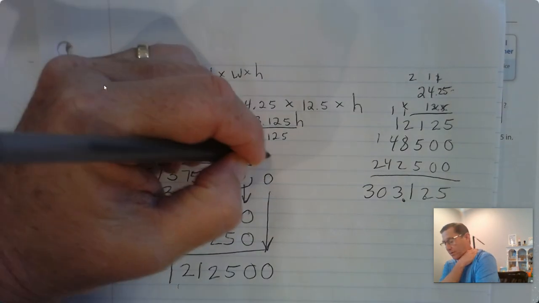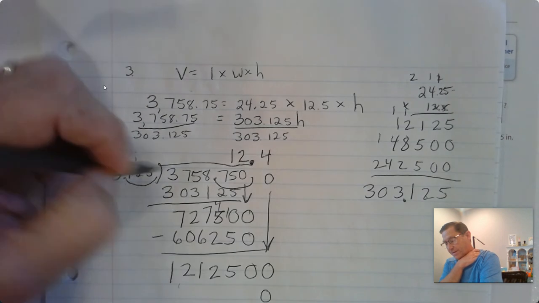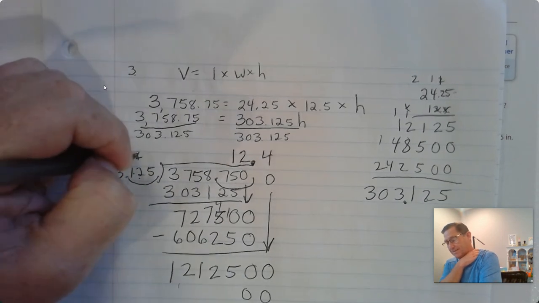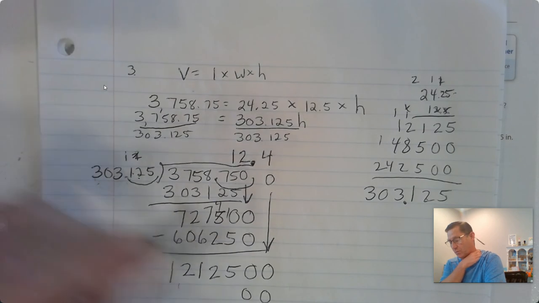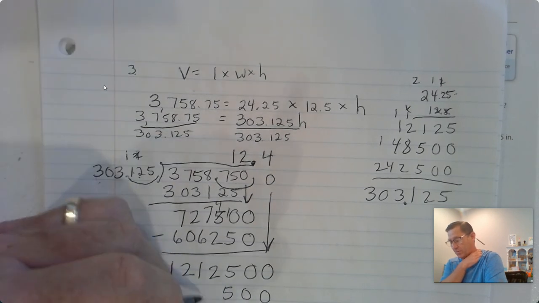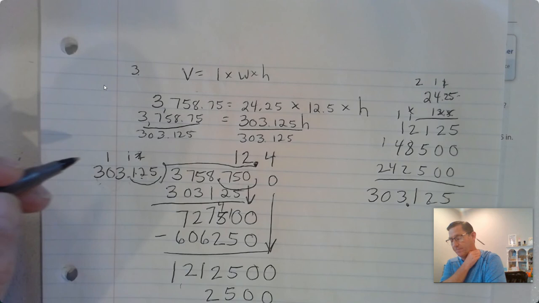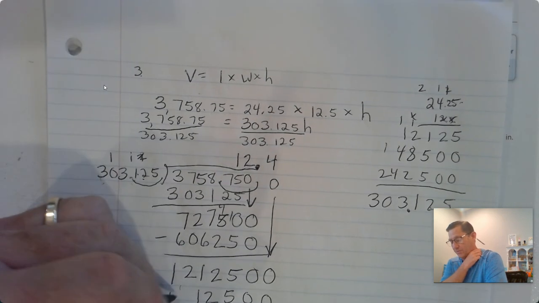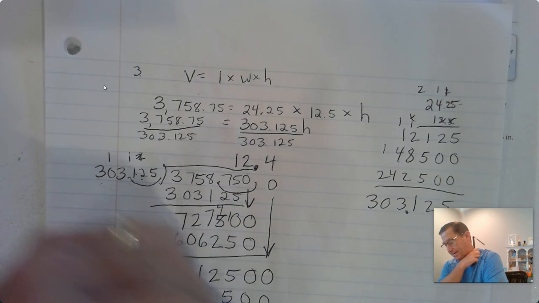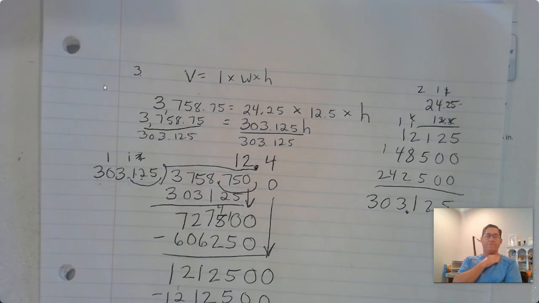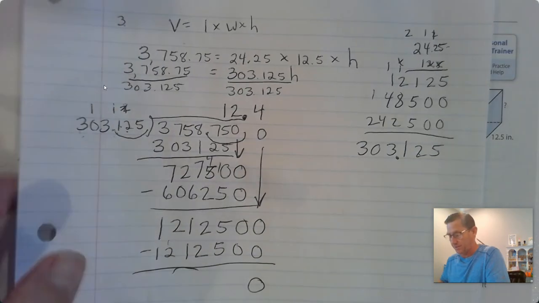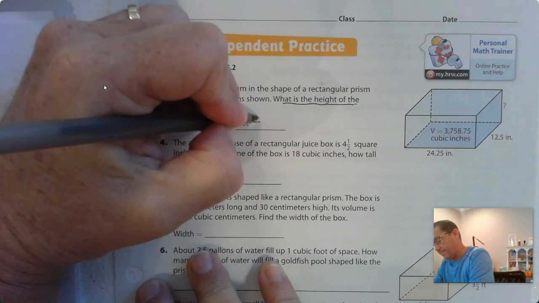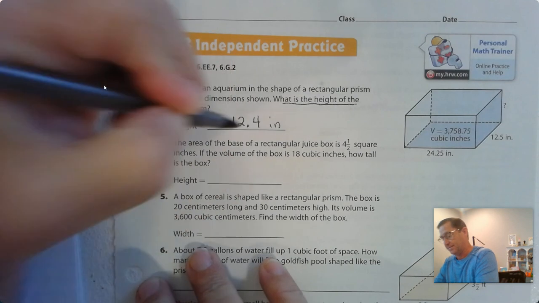So let's try 4. 4 times 5 is 20. 4 times 2 is 8, plus 2 more is 10. 4 times 1 is 4, plus 1 more is 5. 4 times 3 is 12. 4 times 0 is 0, plus 1 is 1. And 4 times 3 is 12. So 12.4. Okay, so the height is 12.4 inches.